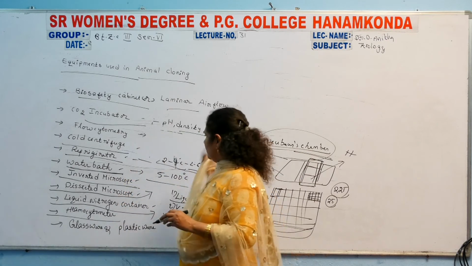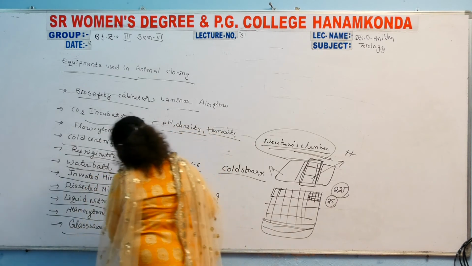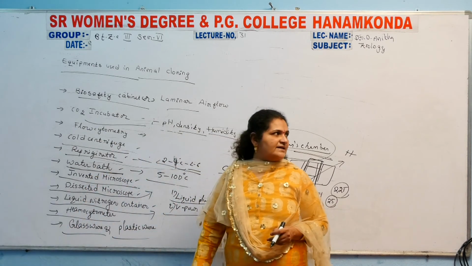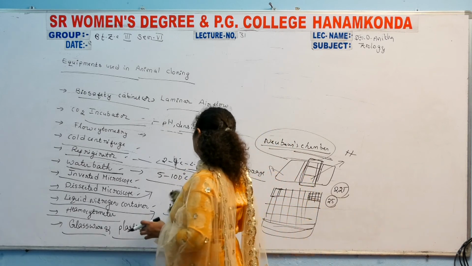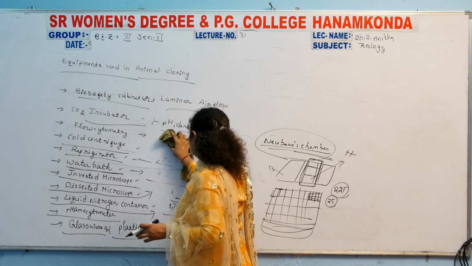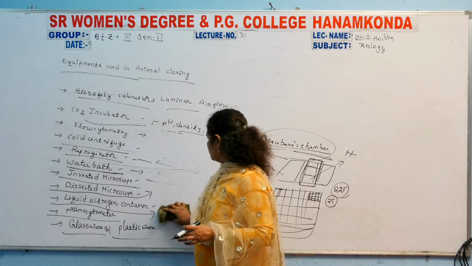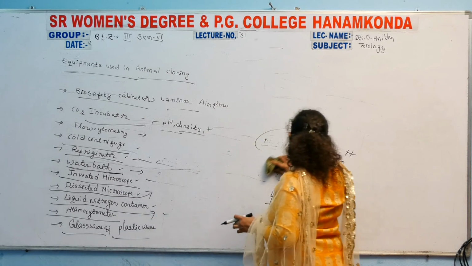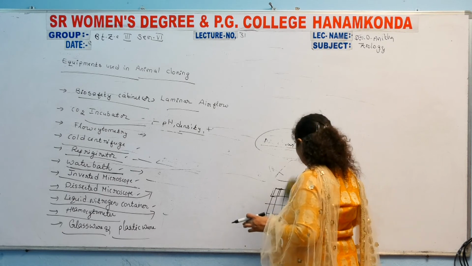That was mainly the hemocytometer. After completion of this, there are also glassware and plasticware. Glassware and plasticware are naturally used in each and every experiment. Glassware is needed, plasticware is needed.